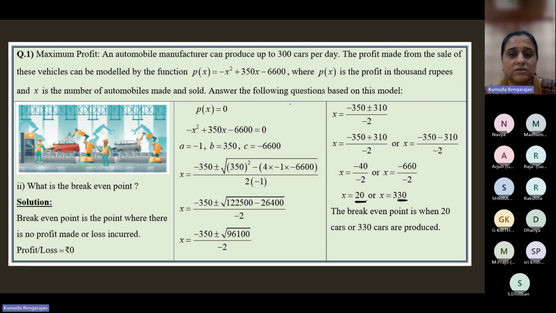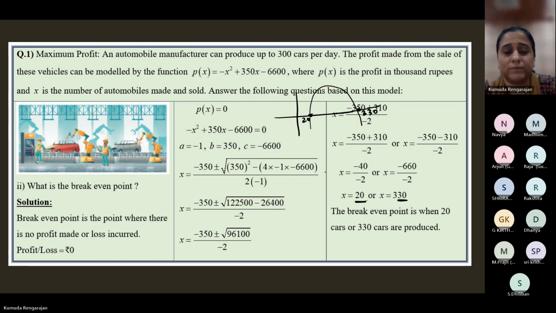That means the graph of this parabola opens downwards because a is negative, and it intersects the x-axis at 20 and 330. That means the parabola cuts the x-axis at the markings 20 and 330.